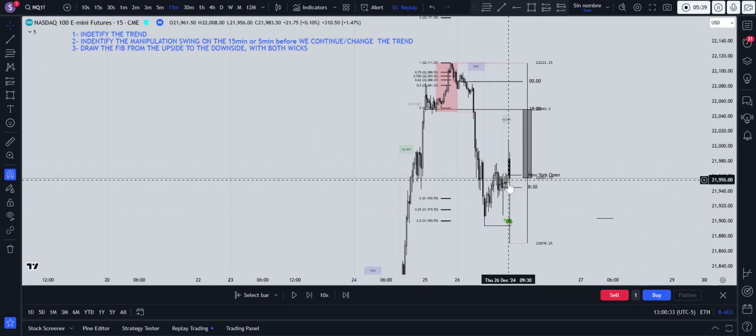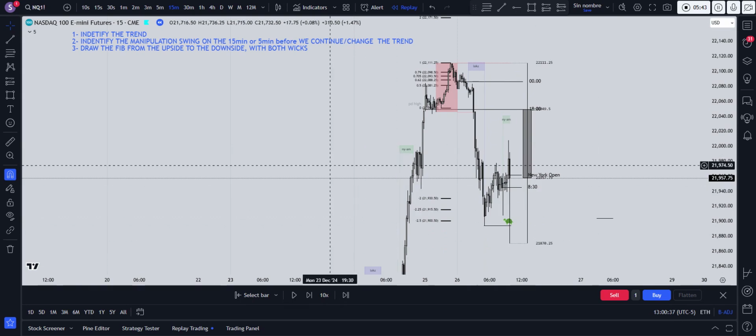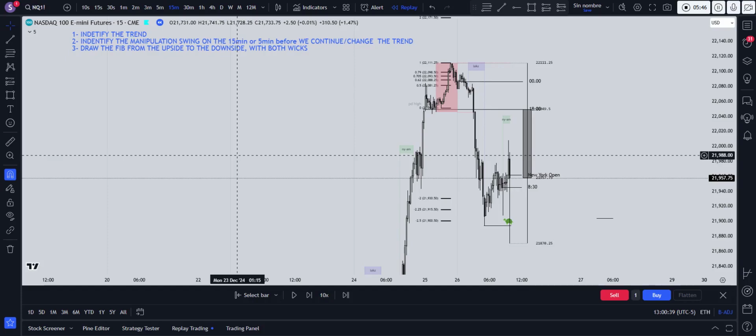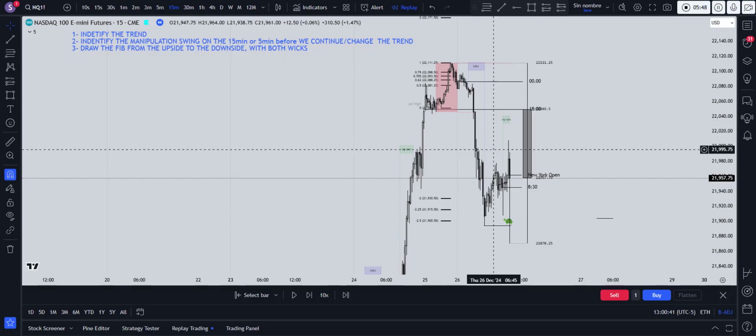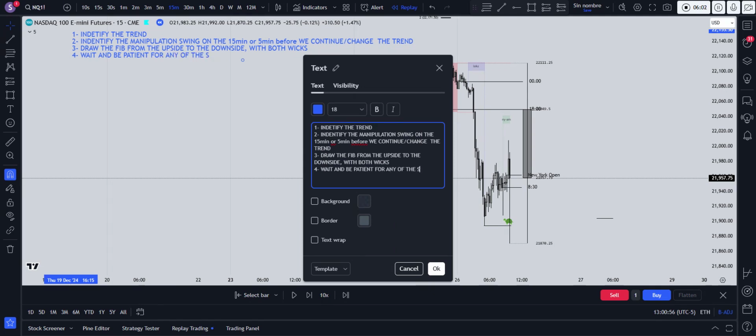So, what do we know? What do we do now? We just wait. Right. What happens now? We wait for it, and then we go to the lower time frame, right? Wait. Okay, so let me put wait because most of you are not patient. Wait and be patient for any of the standard deviations to get hit.